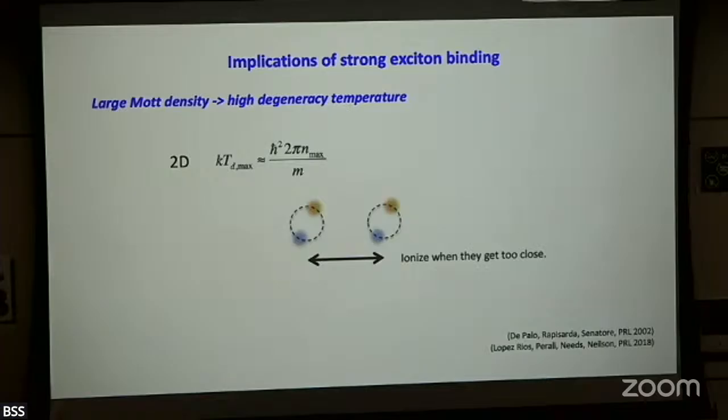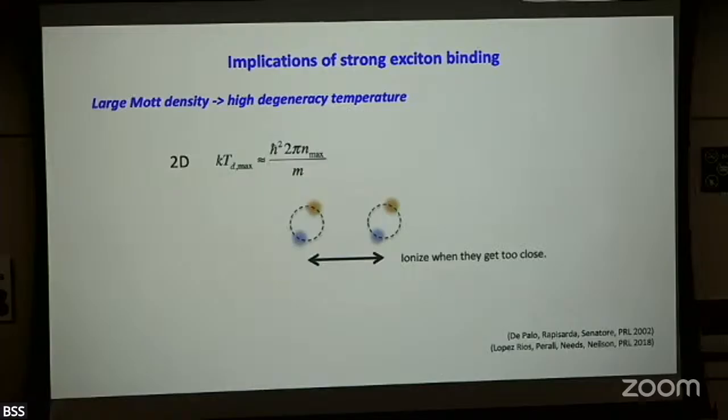Okay. What is the temperature of the... Okay, so I probably should have given you a little better introduction. Let's consider non-interacting bosons first. There are two length scales.